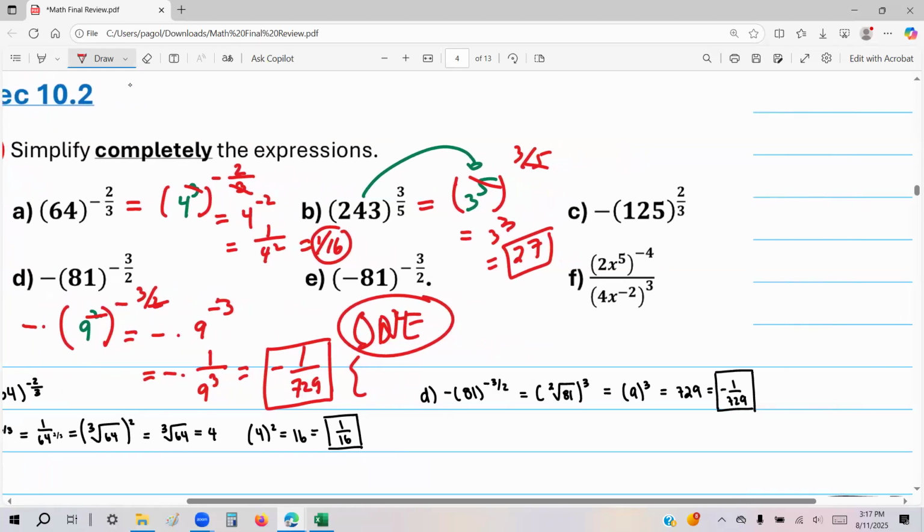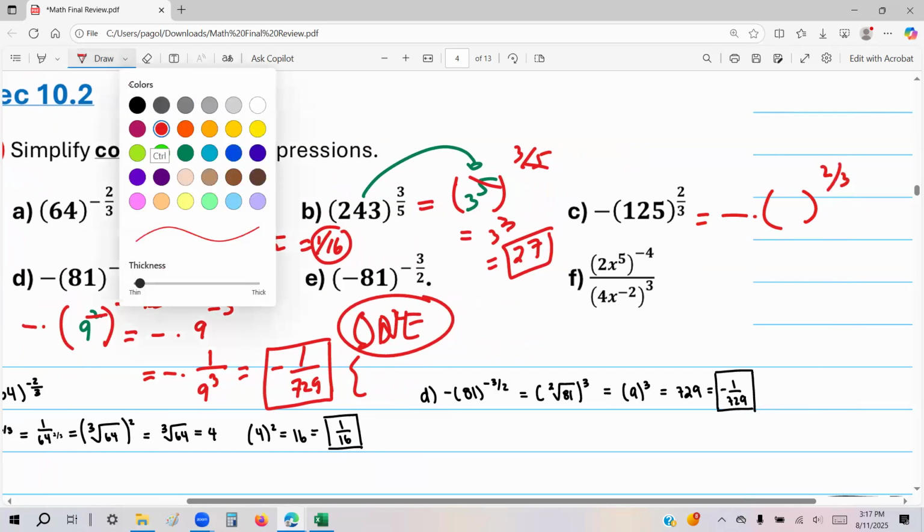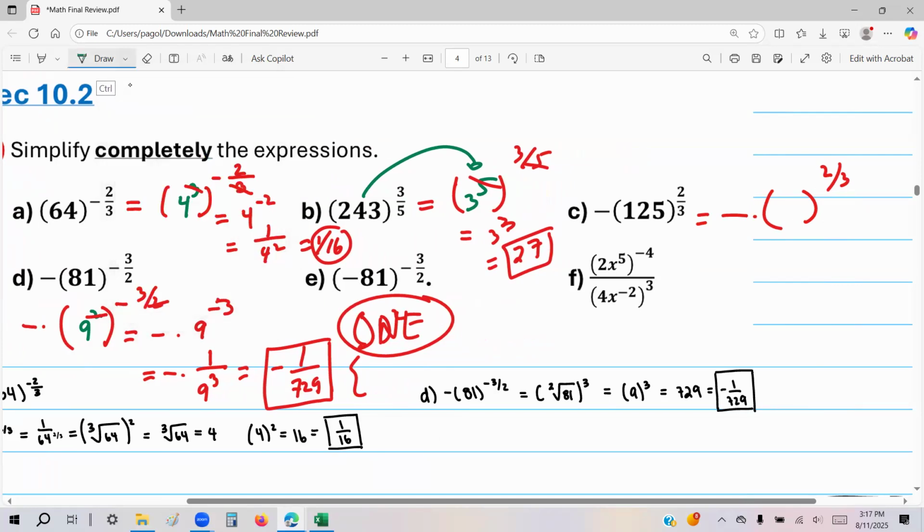In C, what is negative? Base or multiplication? Multiplication. So this, and then you replace 125 with what? 5 to the power 3. So 3 cancel out.